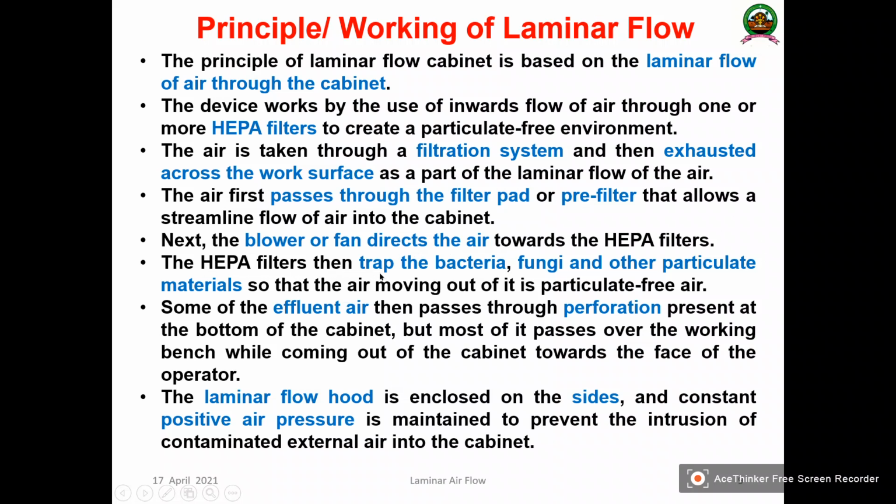The HEPA filters trap the bacteria, fungi and other particulate materials so that the air moving out is particulate-free. Some of the effluent air passes through the perforations at the bottom of the cabinet, but most of it passes over the working bench while coming out of the cabinet towards the face of the operator.